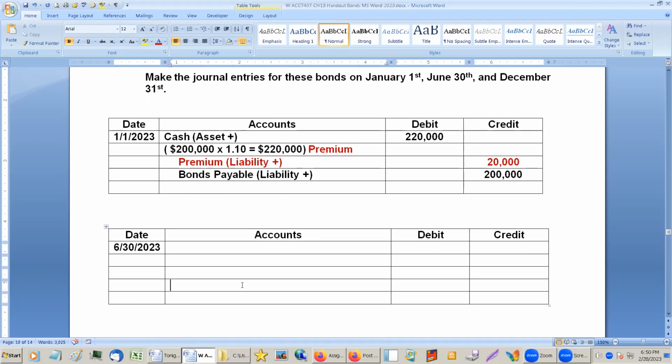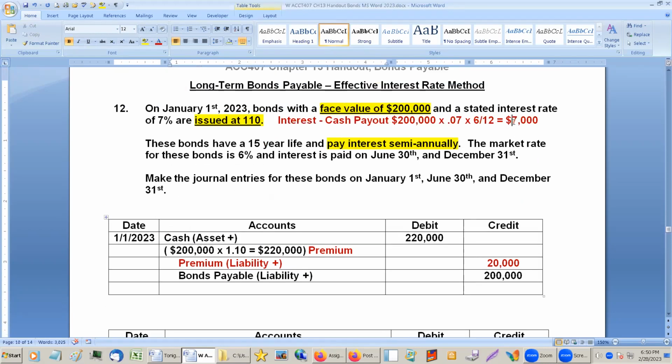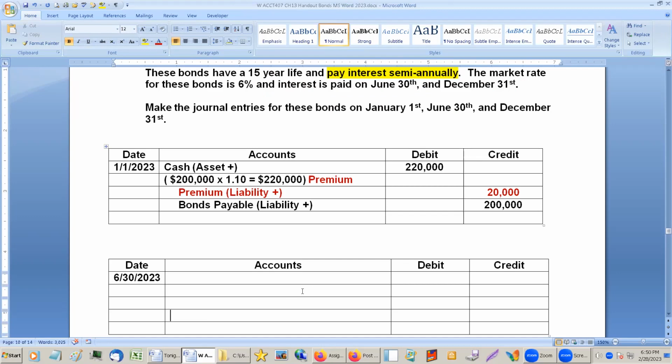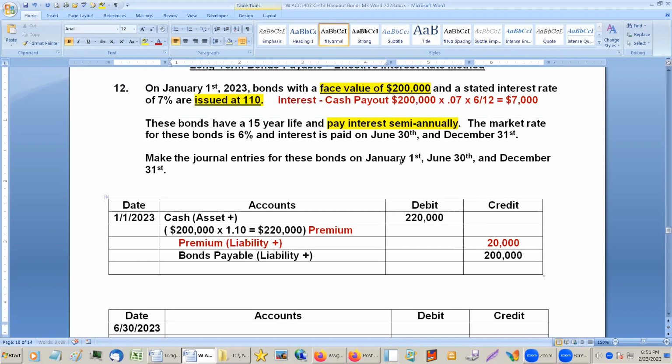Okay, so I'm gonna come down here. Now, cash is gonna be going down. We're gonna make this payout every 6 months. Go ahead and copy this.